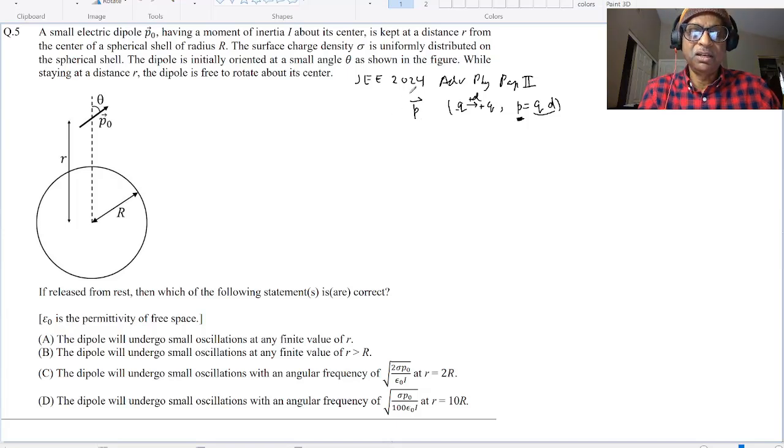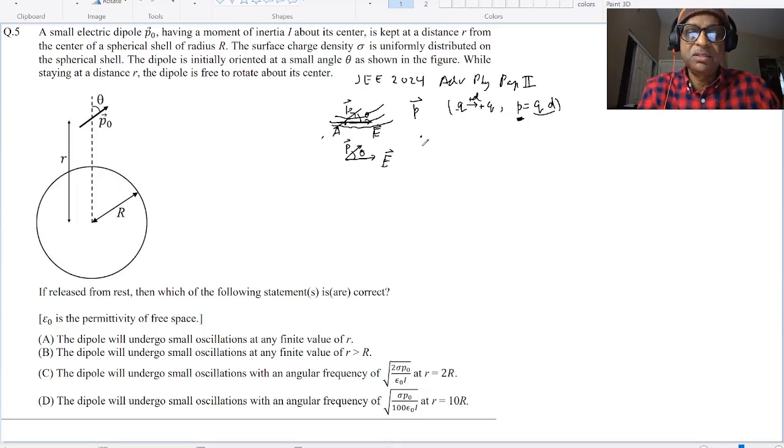If you have a P like over here, and you are in an electric field, at some location A, the dipole is that way, and the angle is theta.